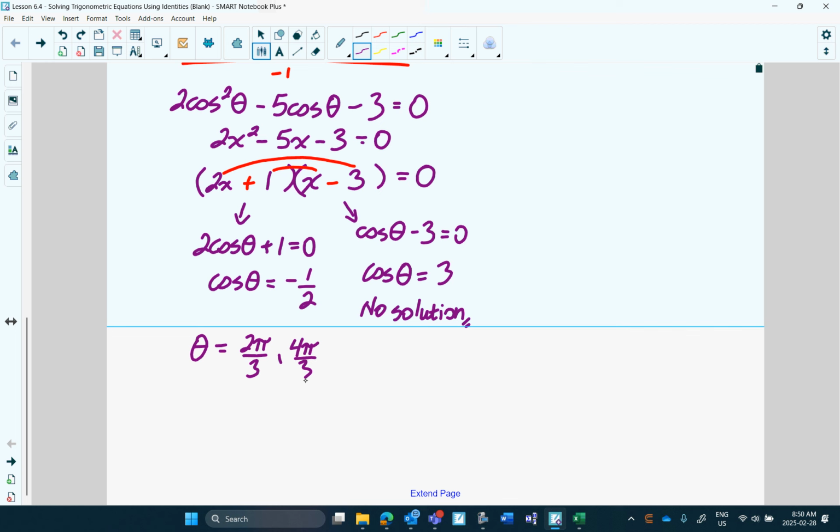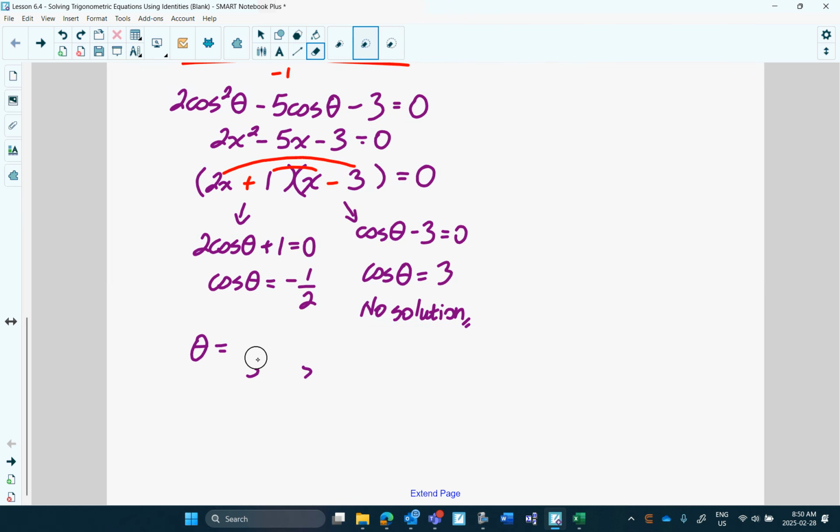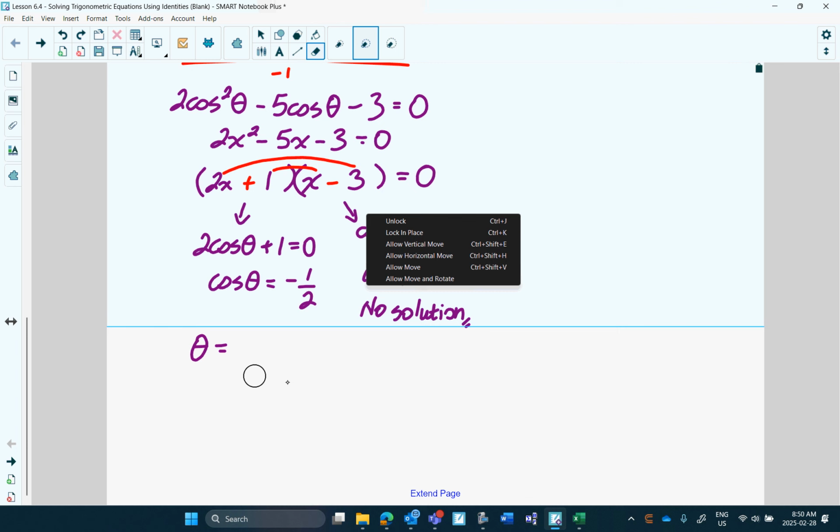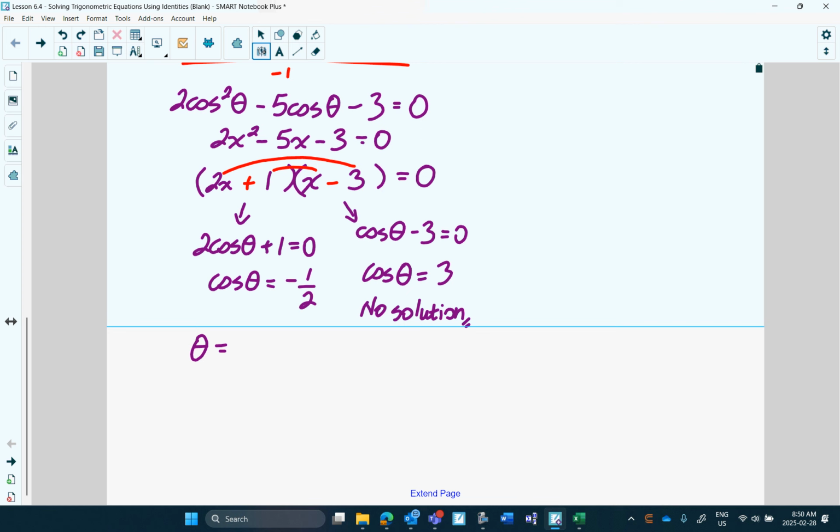It's easy to miss. So 2 pi over 3, which is up here, is 120 degrees. And then down here, 4 pi over 3 is 240 degrees. Just throwing those in once in a while, because you just never know.